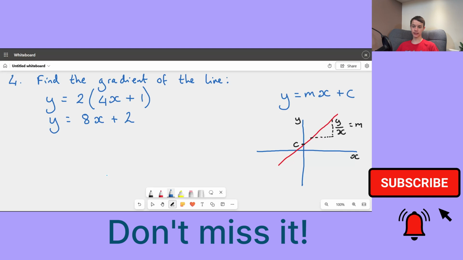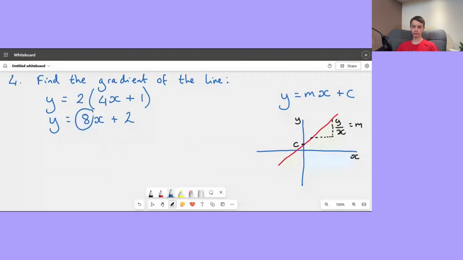Take a look at our expanding single brackets episode. Now, because it's 8x, the gradient is 8. So we have found the gradient of this line.